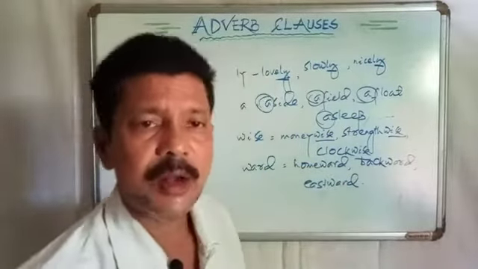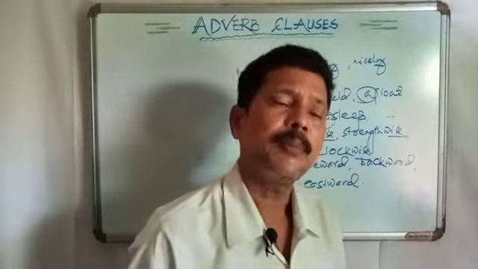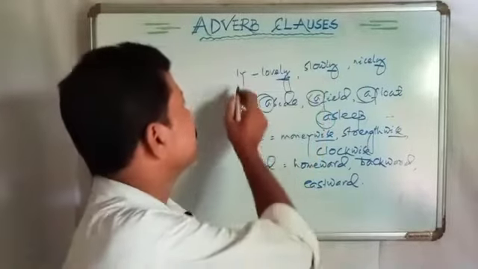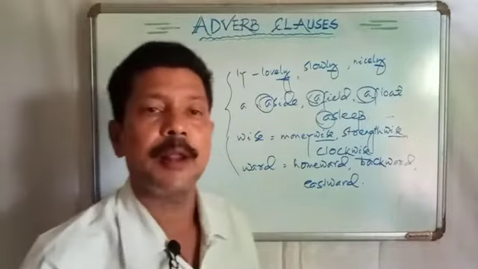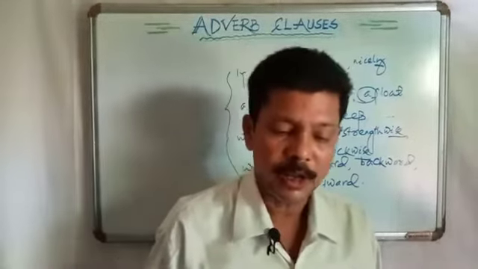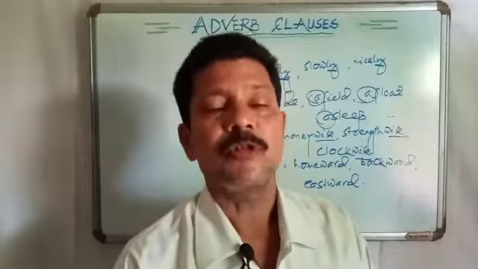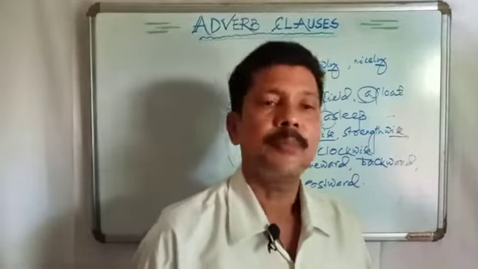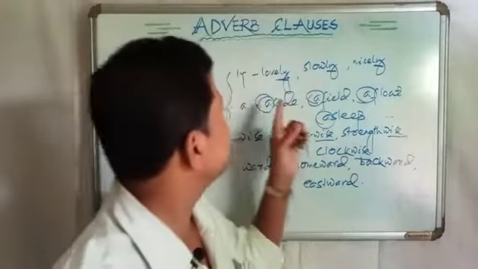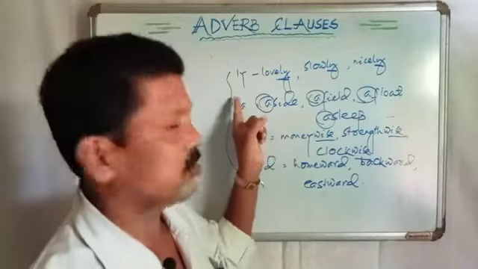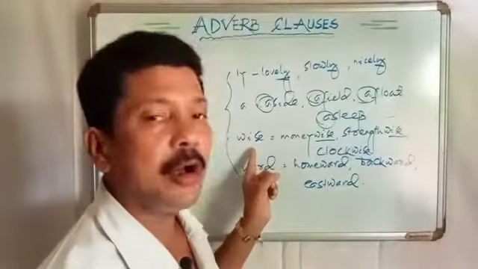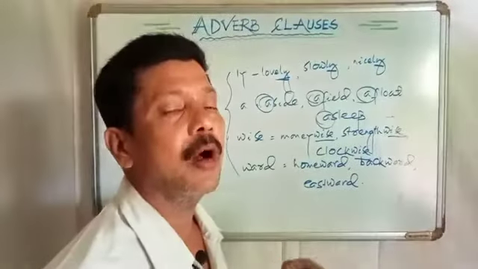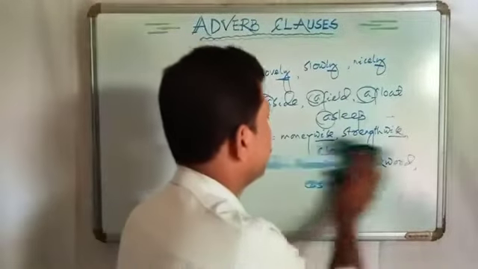Such words are also called adverbs. That is ly, a, wise, and ward. Generally, we find such kinds of adverbs: ly as suffix, a as prefix, wise as suffix, and ward as suffix.